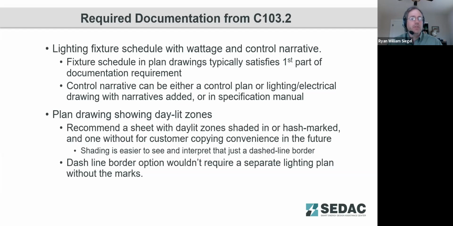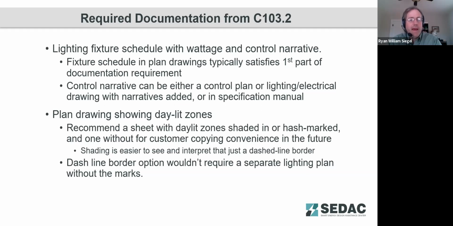So again, similar to the HVAC and mechanicals, making sure that we do have control narratives for the lighting systems. Along with that, the plan drawings do need to have the daylit zones identified, and we'll talk a little bit more about that.